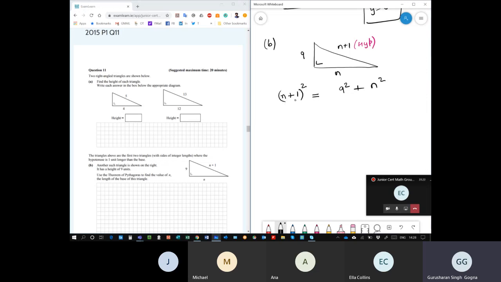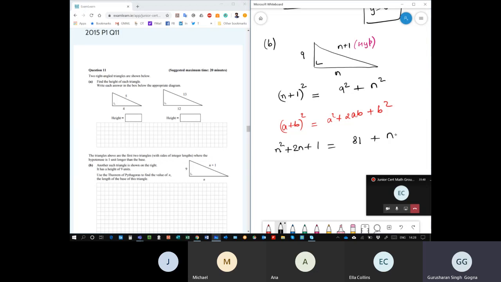One way is to multiply n plus 1 with n plus 1. Otherwise, you should know this simple formula in algebra, which is a square plus 2ab plus b square. Now this is not given in your logbook, so it's always recommended to learn some of these basic formulas. So n plus 1 whole square can be written as n square plus 2n plus 1.